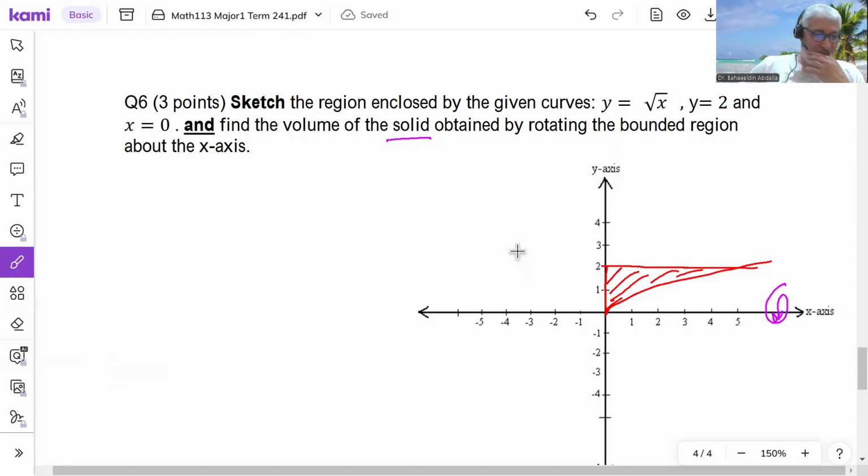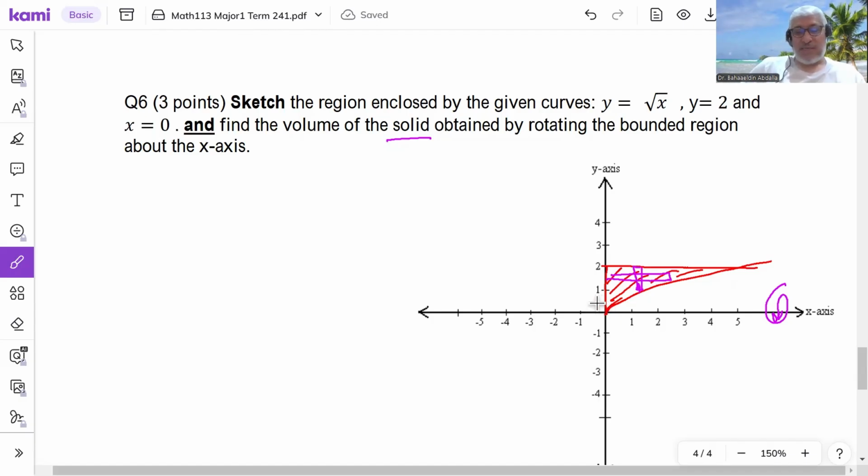Again, you need to think first whether you will take a horizontal rectangle or a vertical rectangle. For a vertical rectangle, this line would always be above this curve. So that's good. A vertical rectangle is good. For a horizontal rectangle, this curve would also always be to the right of the y-axis.